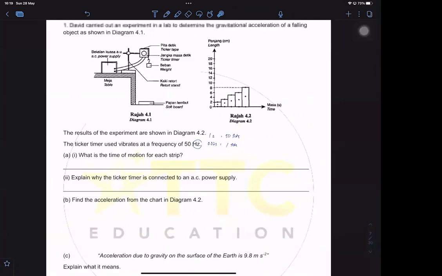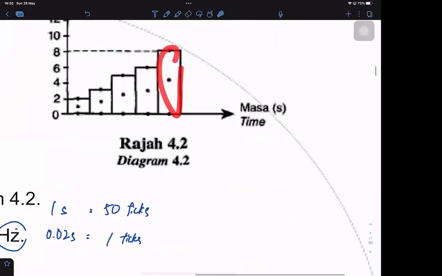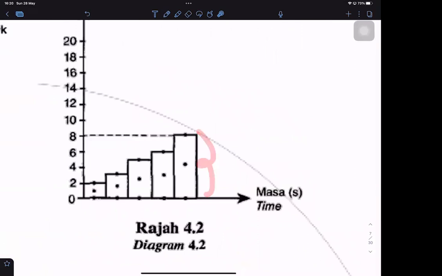Okay, so the first question asks, what is the time of motion for each strip? This is 1 strip. So they're asking, what is the time taken for 1 strip? Now, this strip is not 10 jumps. It's not 5 jumps. Every strip is only how many? See from the bottom, 1, 2.